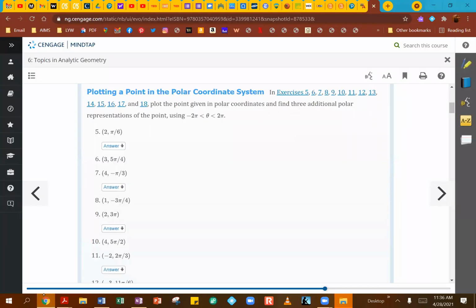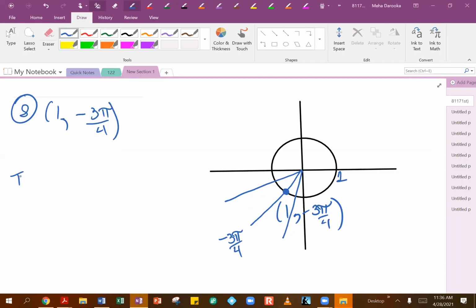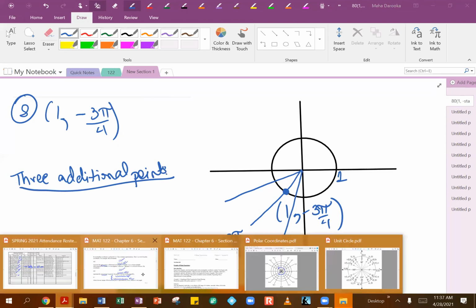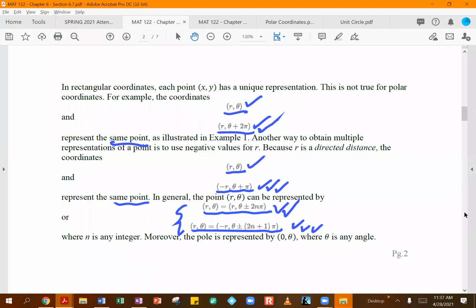Now they're also asking us to find 3 additional polar representations. So we need to find 3 additional points. So this is where these definitions are coming into play. So think about this.